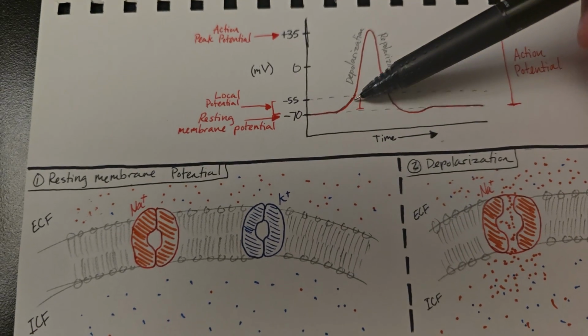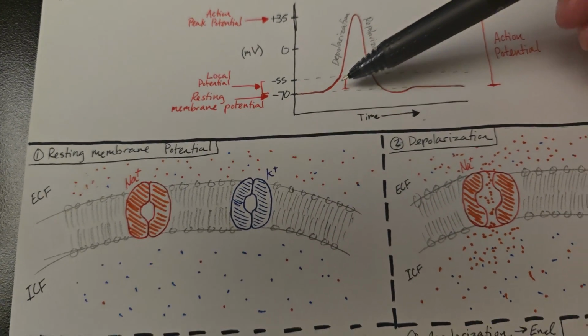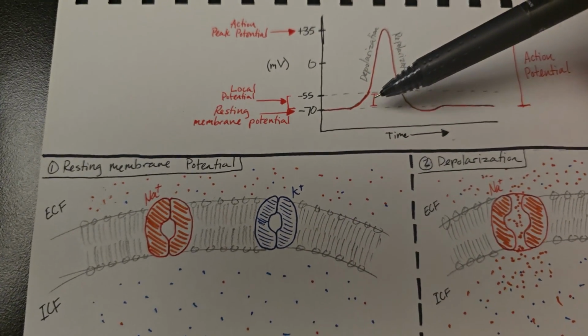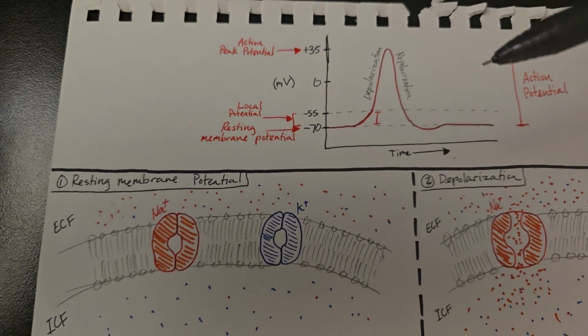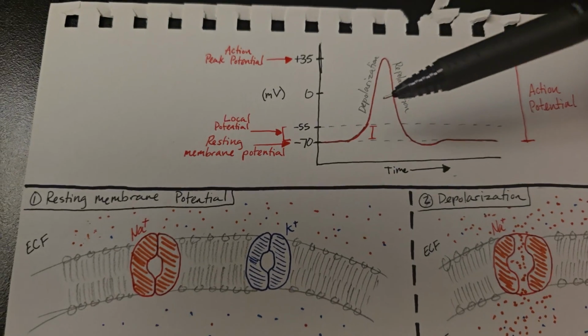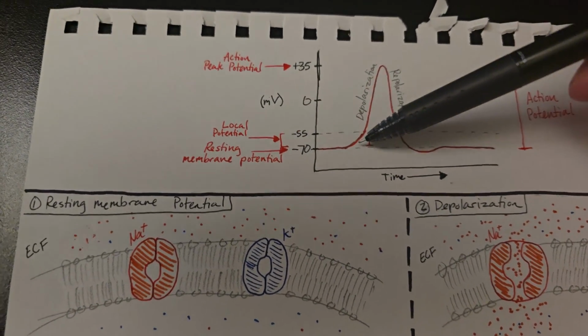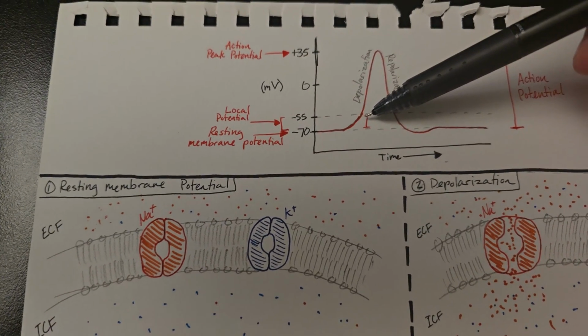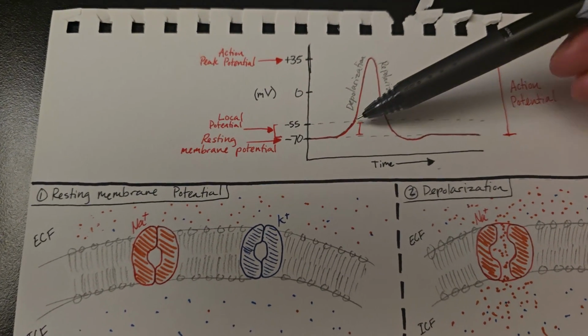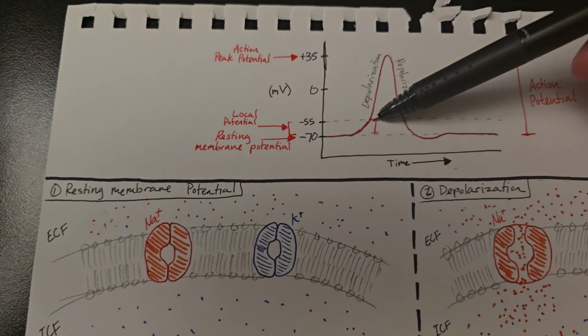As it moves in the positive direction, this can be triggered by any chemical stimulus, like other chemicals involved, or temperature change or light. It's going to shift in that positive direction until it reaches negative 55 millivolts.